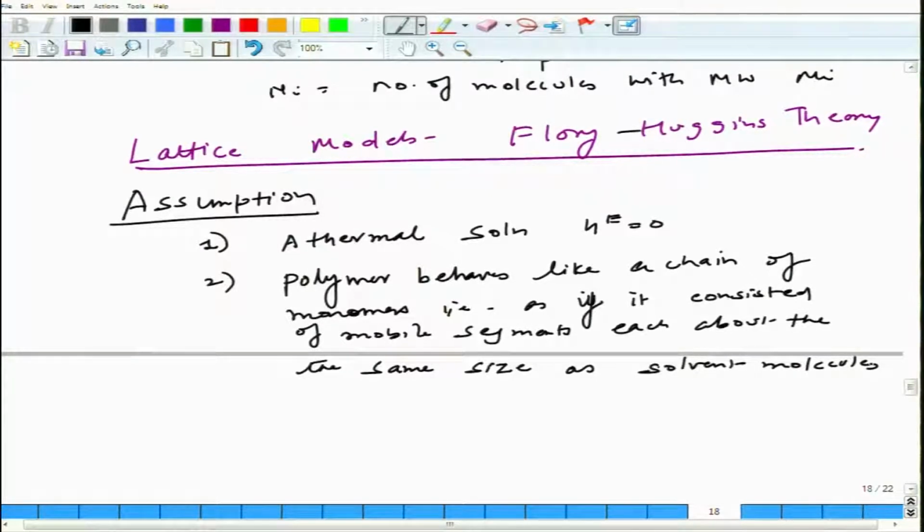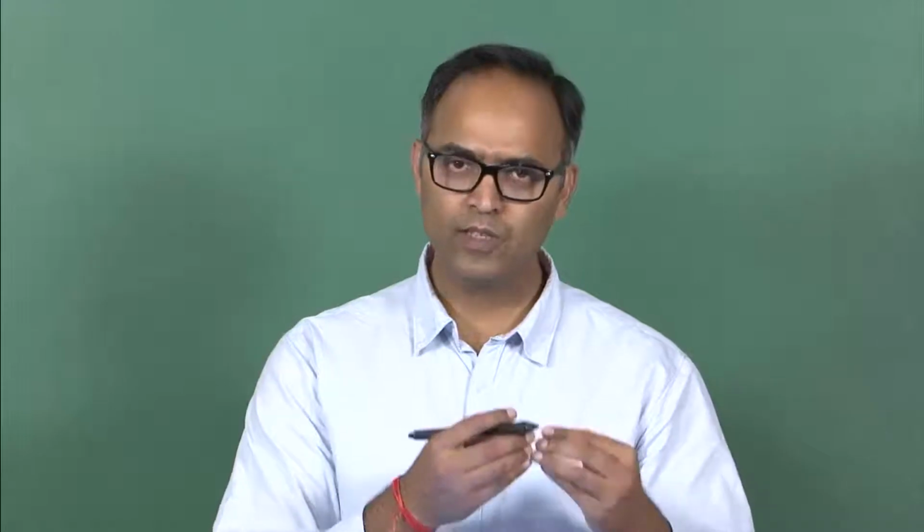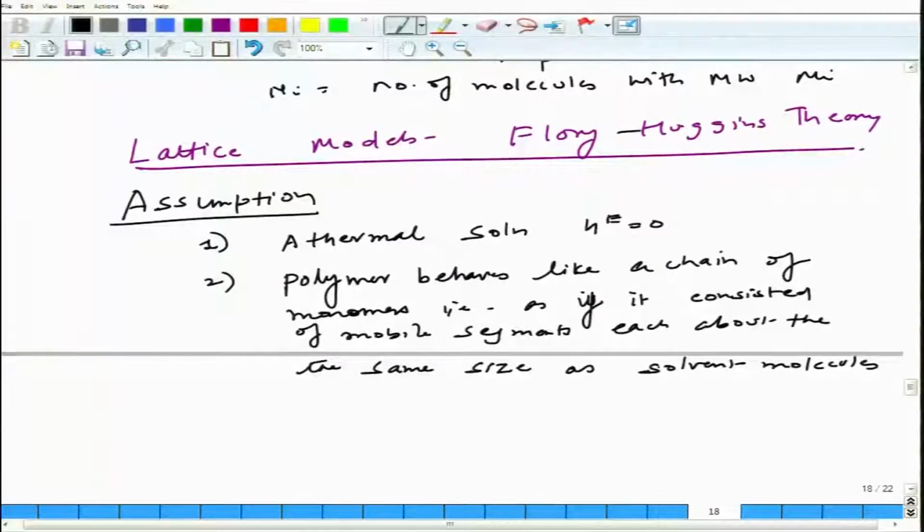Okay, which essentially means that whatever the size of the solvent molecule, the monomers of the polymer have the same size. So that becomes easy for doing all the analysis.